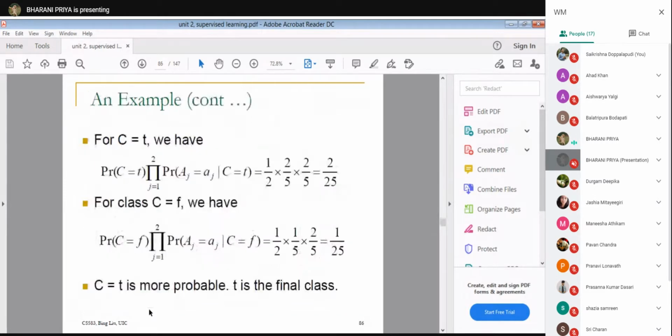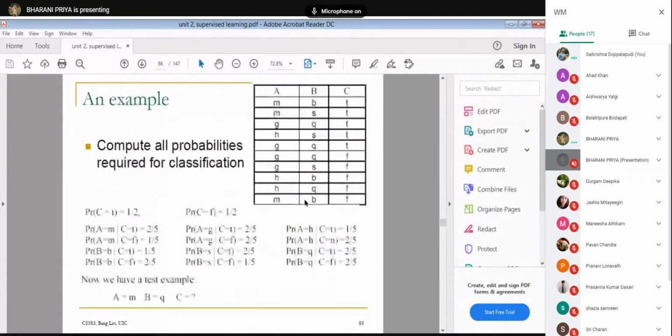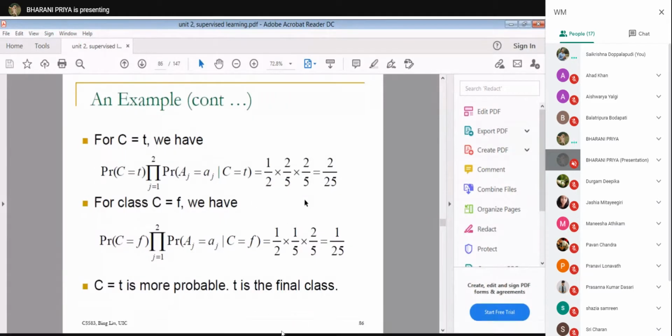What is the probability of having that value, A is equal to M? 0. Very good. As it is the product of all the attribute values, if one value becomes 0, everything will become 0.